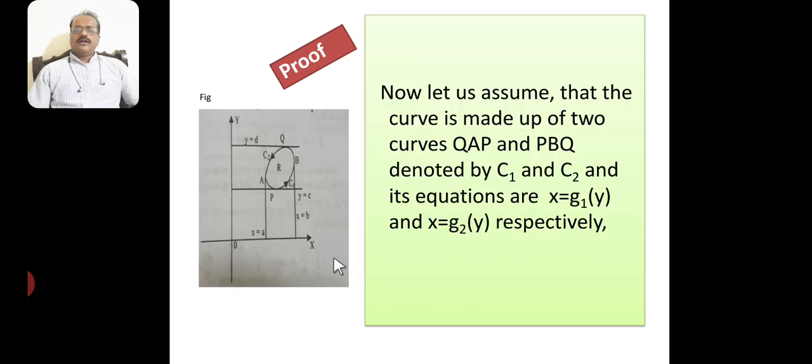Now we will solve the second equation. For that we will consider the same region from the other side, that is, assume that the curve is made up of two curves QAP and PBQ, denoted by C1 and C2, with equations x equals g1(y) and x equals g2(y) respectively.